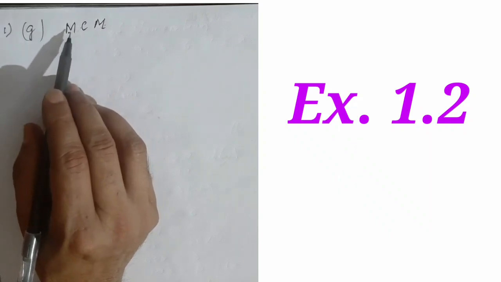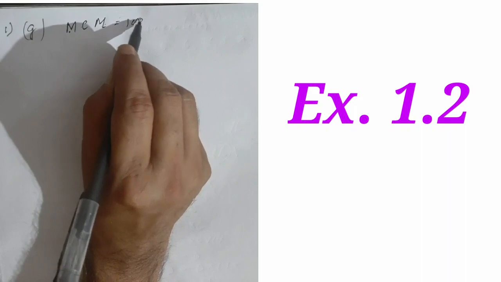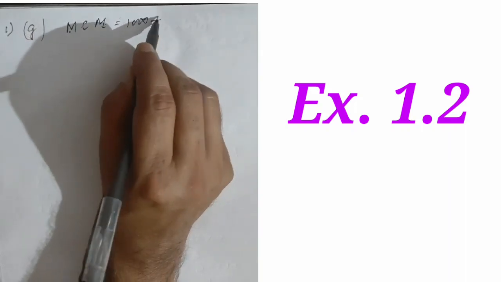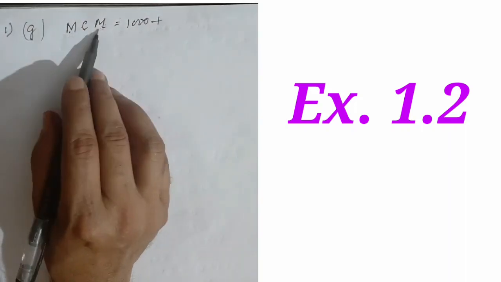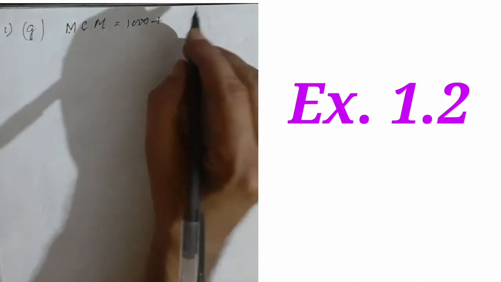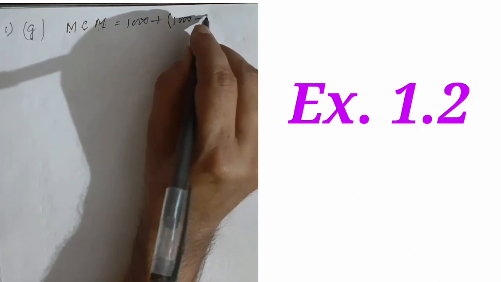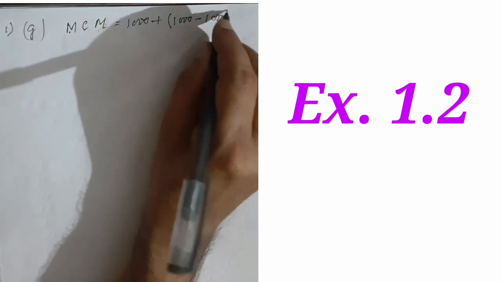Okay. So how will it be? M is 1000. Now we will add. Now a smaller digit between two bigger digits, then what will we do? First one is 1000, second one is M, 1000 minus C, 100.